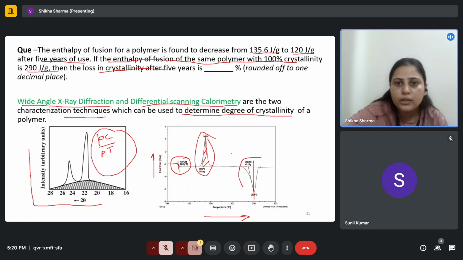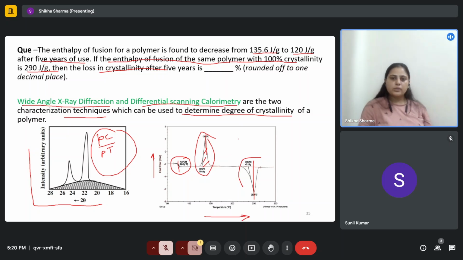And then we divide it by that of the 100% crystalline polymer. First we take the 100% crystalline polymer and see how much enthalpy of fusion there is, from the peak area we get, and then we do the same thing for a polymeric sample. Then we divide both of the enthalpies of fusion and we get the degree of crystallinity.